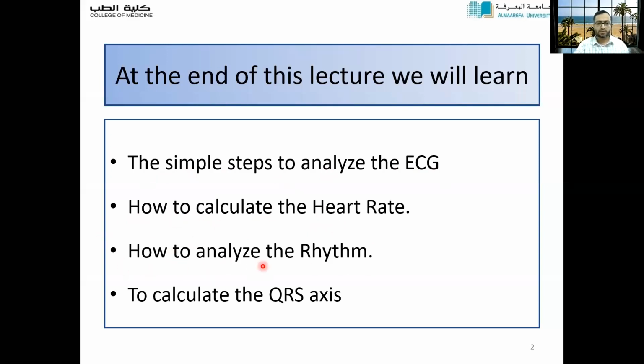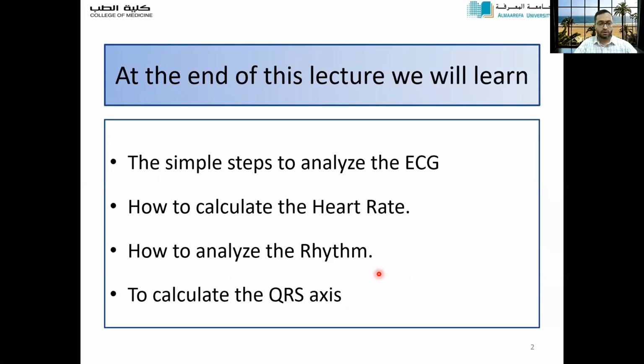By doing that, you can even diagnose some of the arrhythmias if you do it properly. And you can calculate the QRS axis. At least this much you can do at the end of this session. But before starting to read the ECG directly, I would like to revise some of the basics.